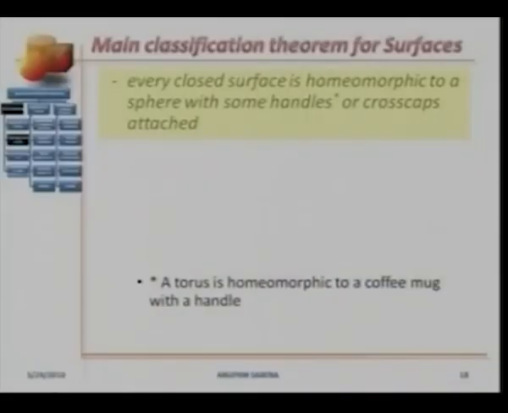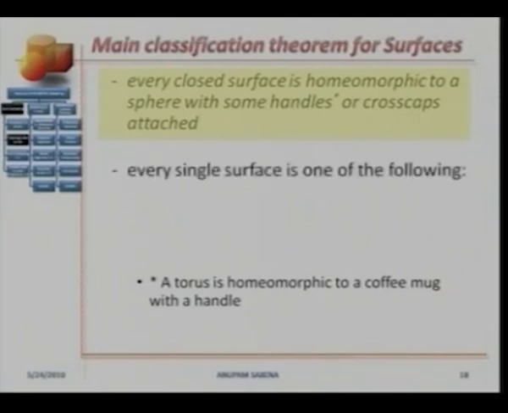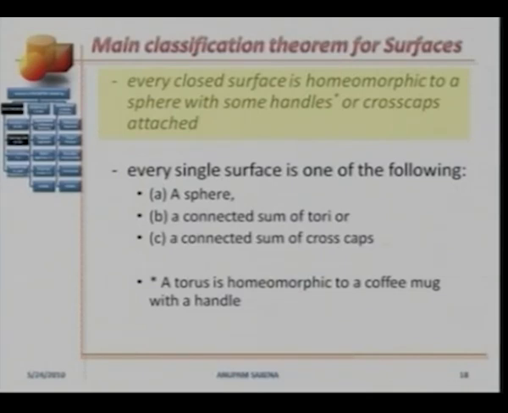We had seen a nice cartoon of how a torus gets transformed into a coffee mug and vice versa. And that's what I meant by handles. So every single surface is one of the following. It is a sphere, it is a connected sum of tori, or it is a connected sum of crosscaps.